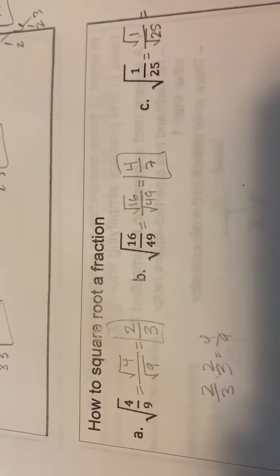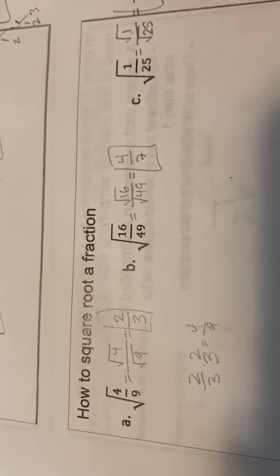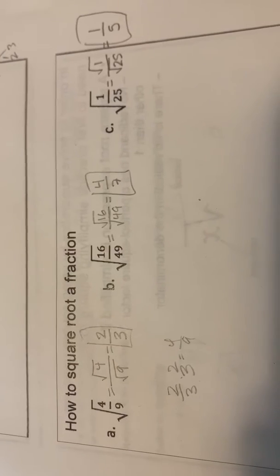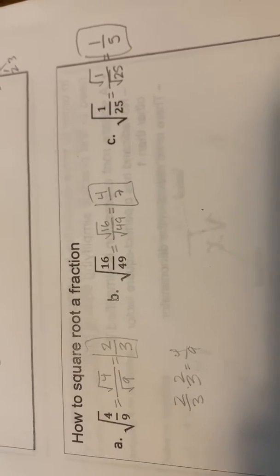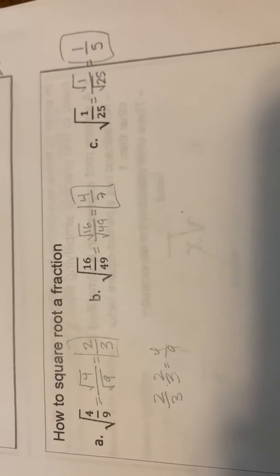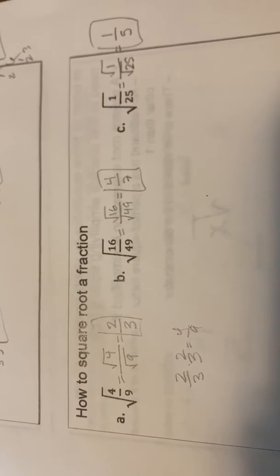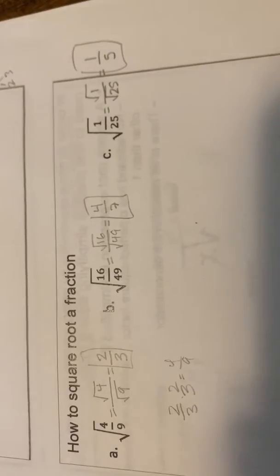The square root of 1 is 1. You get 1/5. All right, so don't freak out if you have to take the square root of a fraction. It's not too bad. Square root at the top and square root at the bottom. Okay, that was just to prepare us for when we start solving, how do we finish the problem when we need to simplify the square roots, okay?